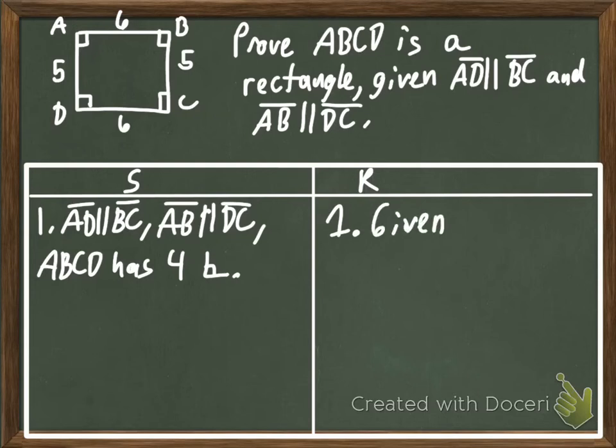So that's fine if you want to group things together if they're all the same reason. So one thing we do need to indicate though is in our picture we look and we notice that AD and BC are parallel, they're also opposites. AB and DC are parallel, and they're also opposites.